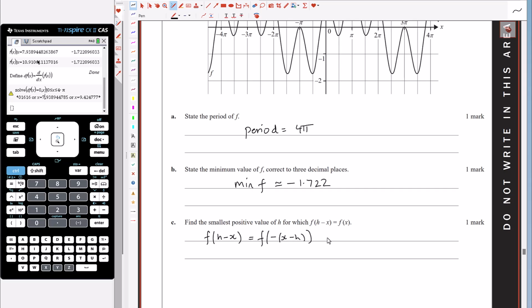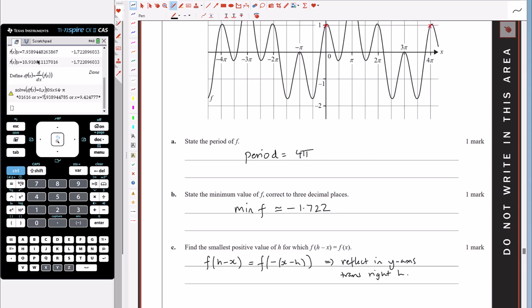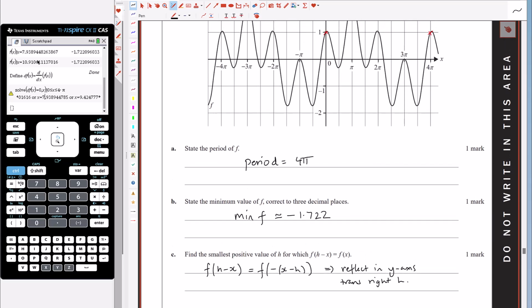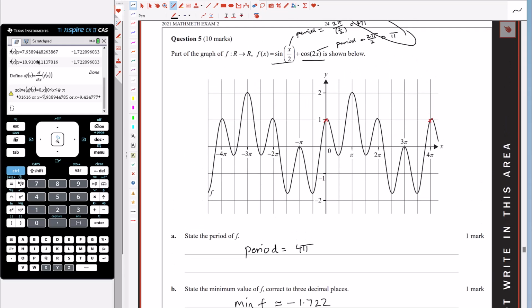And if I know my transformations, that's a reflection in the y-axis, and then a translation to the right by h. Okay, so what I need to think through is, if I reflect the graph in the y-axis, how much do I then have to translate it to the right by to get it back to being the same graph that it was?